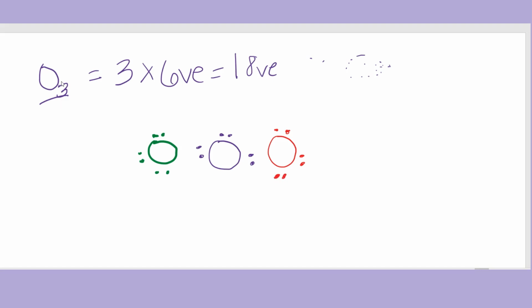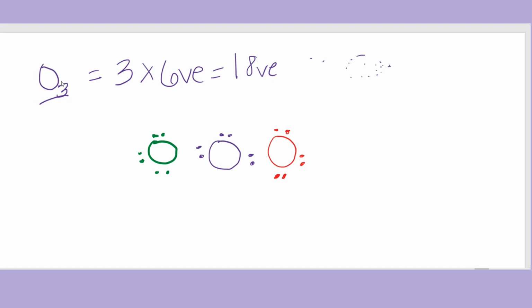How many pairs of valence electrons do you see around the red oxygen? I see 8, and you should too. Let's look at the green oxygen. How many do you see around the green oxygen? I see 2, 4, 6, 8 also. You should as well.